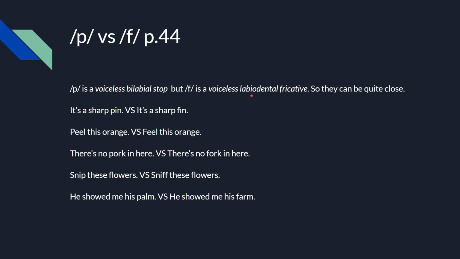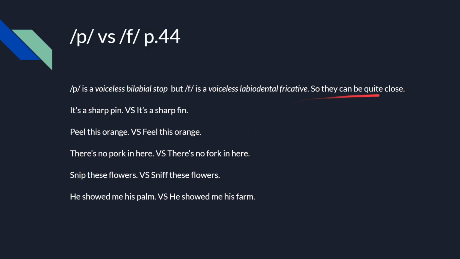When you make the F sound, is it both your lips coming together? No. It's F, your top teeth going down on your bottom lip. Not hard, of course, but that's where that sound comes from. And fricative being that we're using friction to make that sound. So, P, F, P, F.